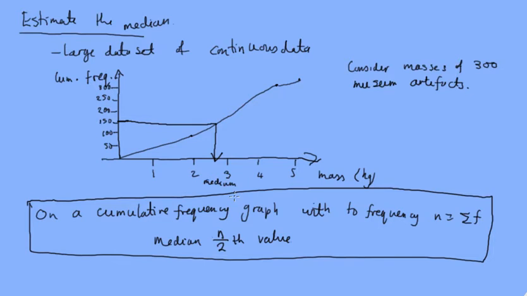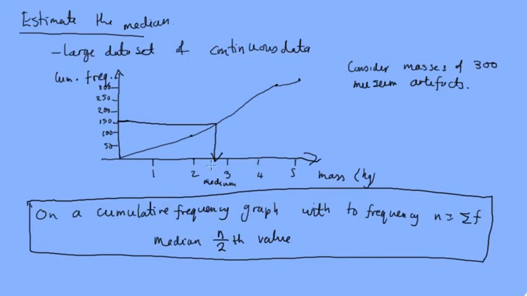You'd be doing this on proper graph paper so that, although it's still an estimate, it would be a good estimate. And for drawing these lines, use a ruler so that you get it as accurate as possible. In this example, it's coming out about 2.6 kilograms.